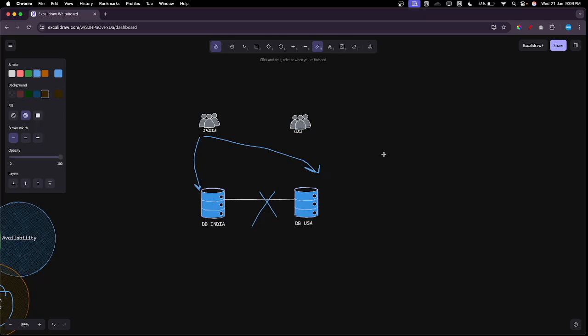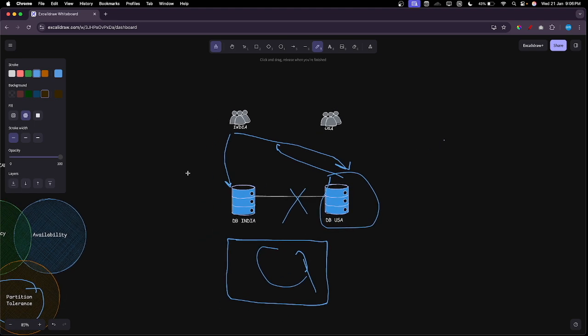So instead, what a CP system does is that the US DB will say it cannot verify the password and safely reject the request. So that is what a CP system is. Here we didn't guarantee availability, but there is consistency.